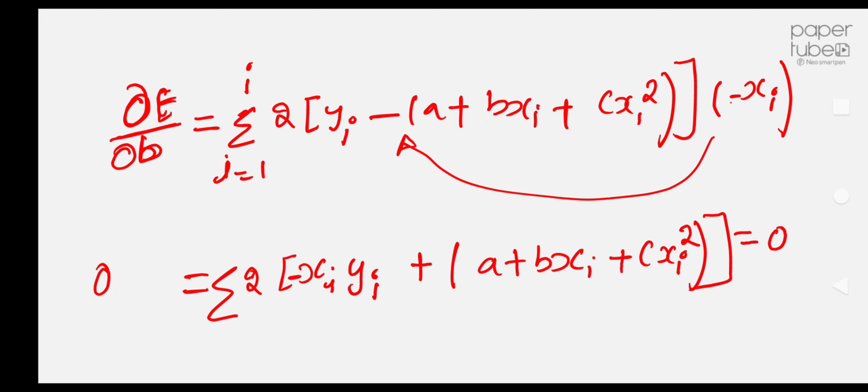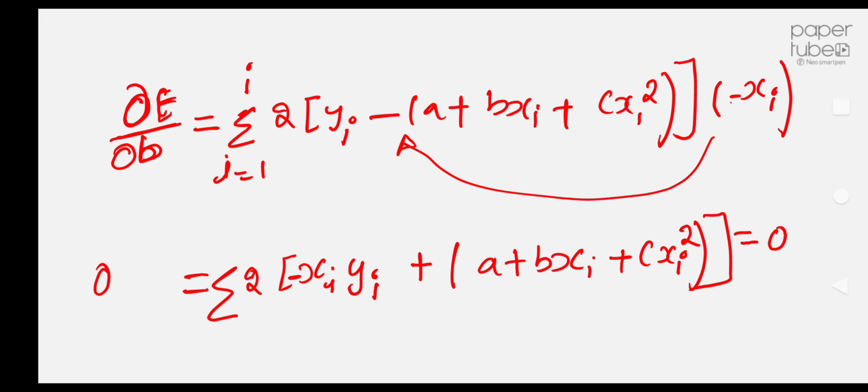So let's rewrite dou E by dou B, which we calculated earlier. So we go back here, that's the equation dou E by dou B. Just follow the pen, we are going to rewrite this expression. What we have here is the sum of 2 y of I minus a plus b x of I plus c x of I square multiplied by minus x of I. If we multiply xi throughout the equation, note that the whole equation is equal to 0.